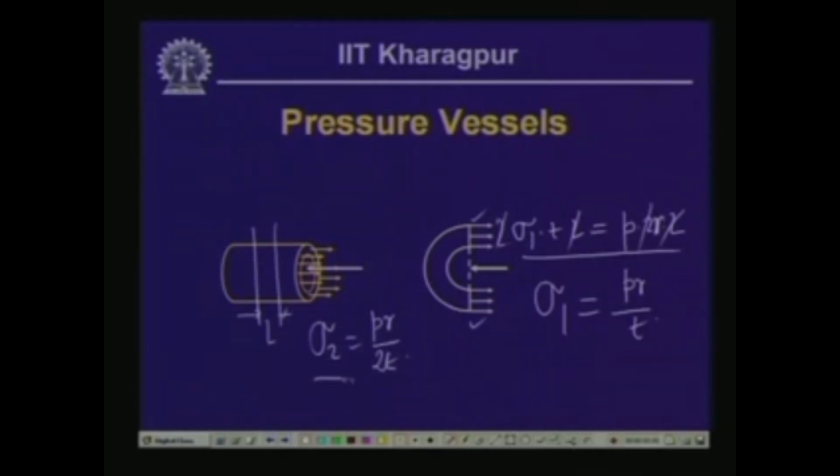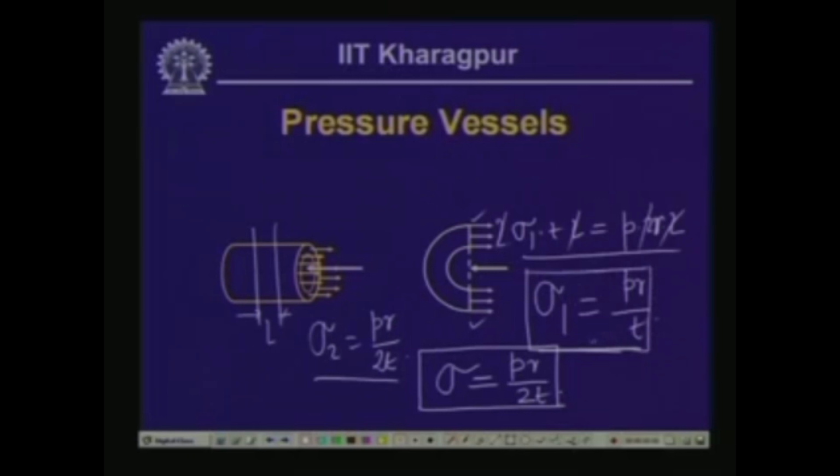Now, in case of spherical vessel, as we have seen right now, we have only one stress, which is equal to sigma, and that is equal to P r by twice T. Please note that in case of cylindrical vessel we have the circumferential stress, which we have called the hoop stress as well.